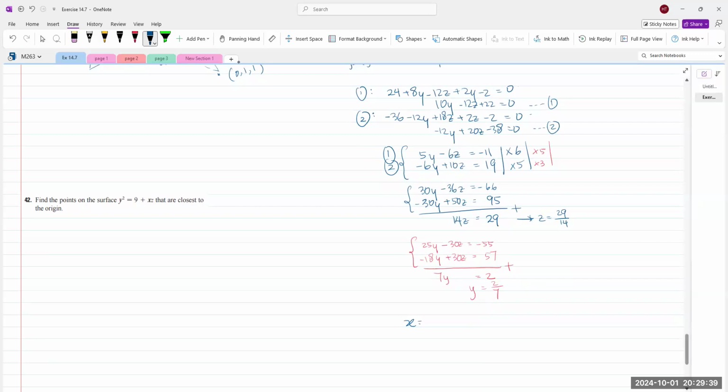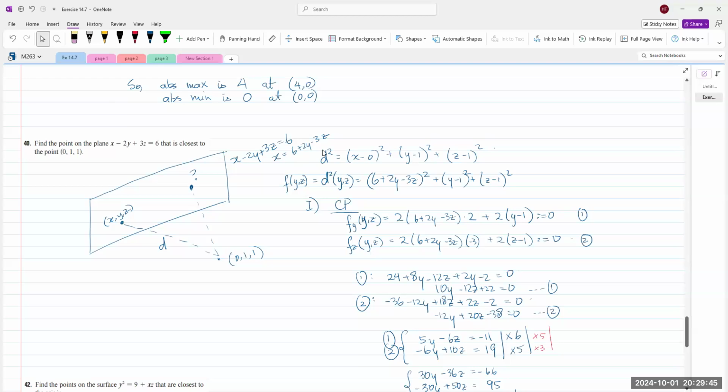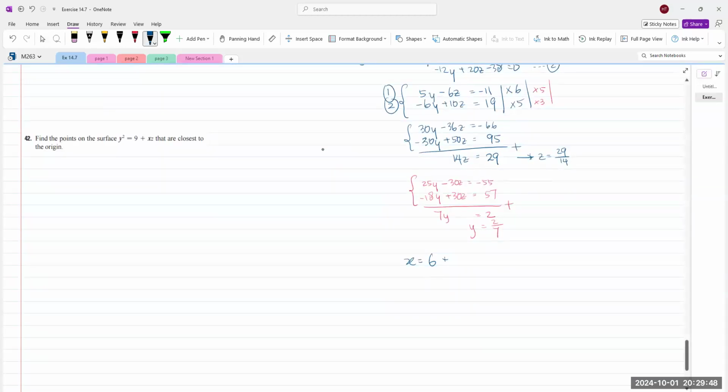So x is equal to 6 plus 2y minus 3z. With LCD 14, 6 times 14 is 84, so 84 over 14, plus 8 over 14 minus 87 over 14.